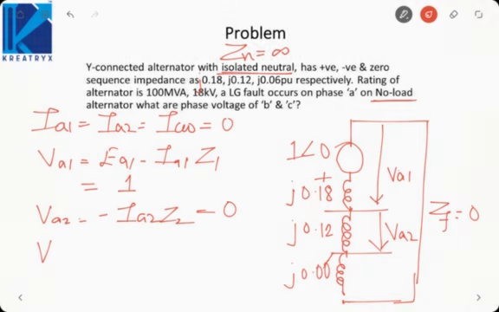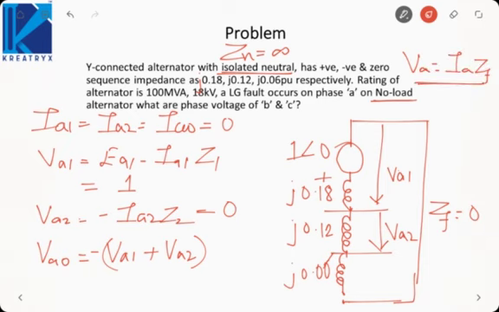We know since phase A is faulted, in the case of LG fault VA is equal to IA into ZF, but here ZF is 0, so VA must be 0. Hence VA0 plus VA1 plus VA2 must be 0. So VA0 must be minus 1.